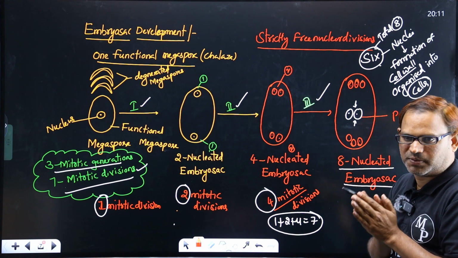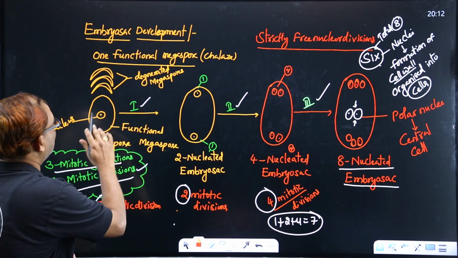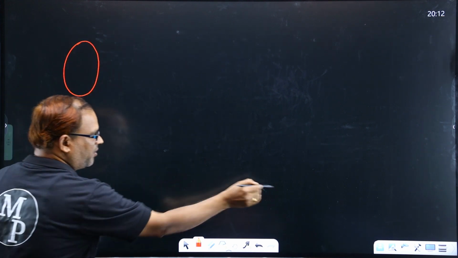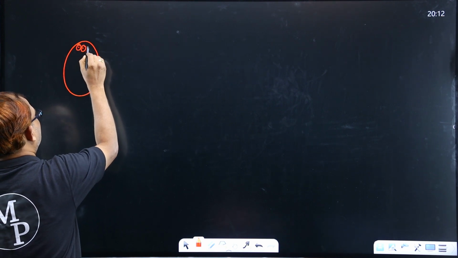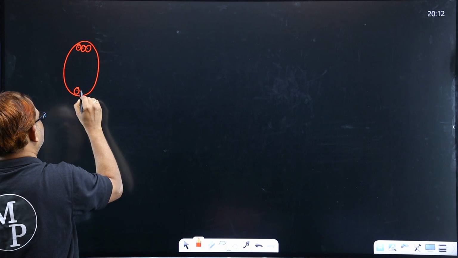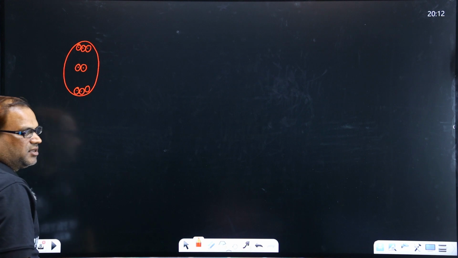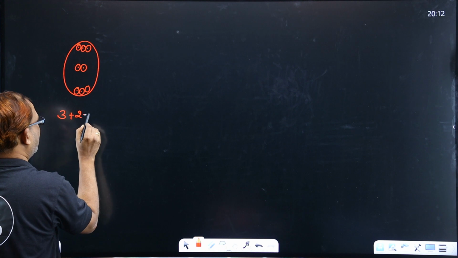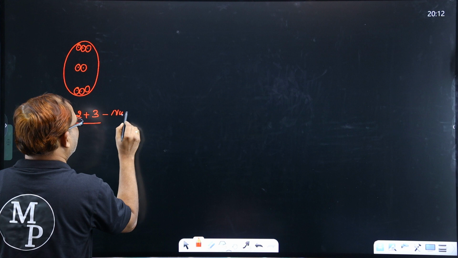The 8 nucleated stage then becomes organized into cells, that is the 7 celled stage. We will see the detailed diagram of the structure of the female gametophyte. Before the diagram, here there are 3 nuclei, here also 3 nuclei, and in the center 2 nuclei. So the nuclei arrangement is 3 plus 2 plus 3.